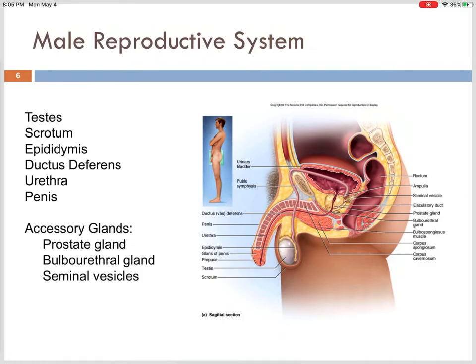It is simpler in males because they have less to do. It's not any less important, because we need both sperm and the egg to come to the party. But really all the males have to do is produce and release the sperm. That's it. Because of its simpler nature, the anatomy of the male is simpler.